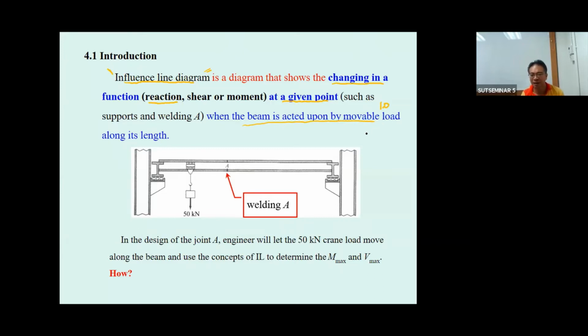Sometimes, for example for the crane over here, we didn't care about the reaction, but if we prefer to design the welding point at this one, you've got to determine the M max, you've got to determine the V max.